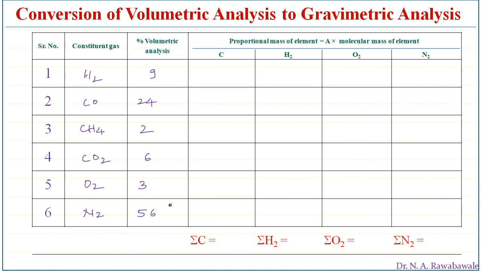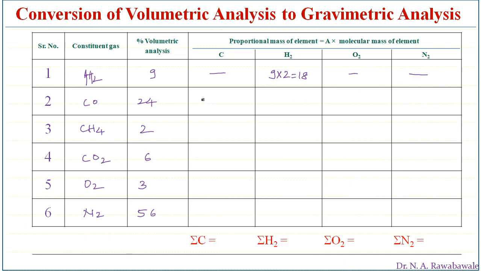So now the proportional mass of an element is equal to the volume percentage into the molecular mass of the element. If we burn hydrogen, there is no role of carbon. So 9 is the volumetric analysis, 9 into the mass, which is 2, gives 18. There is no role of oxygen or nitrogen.